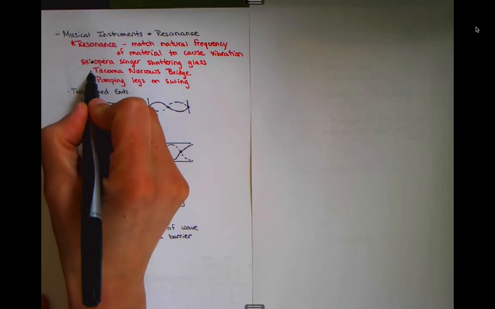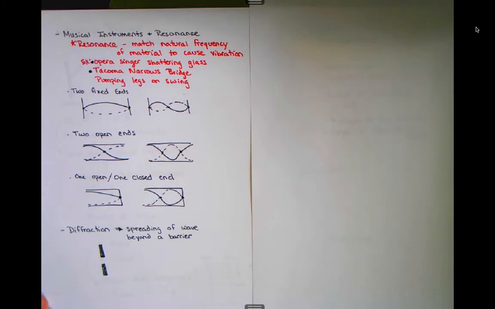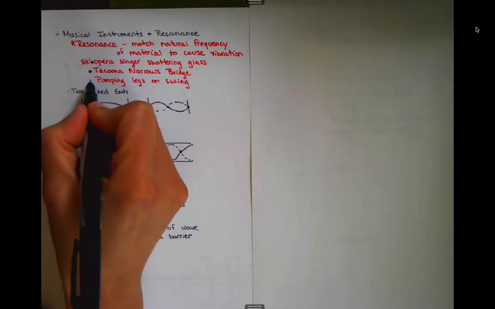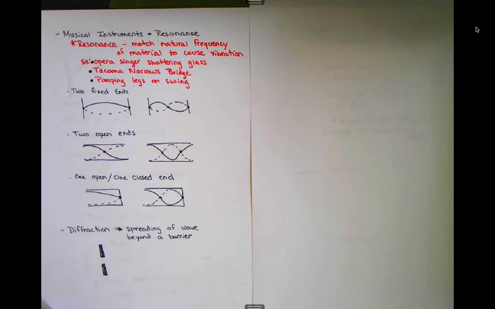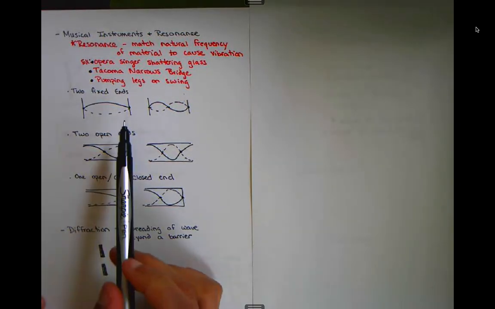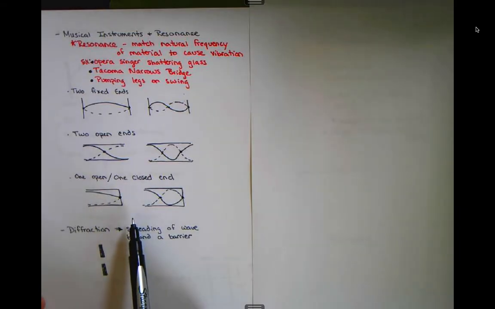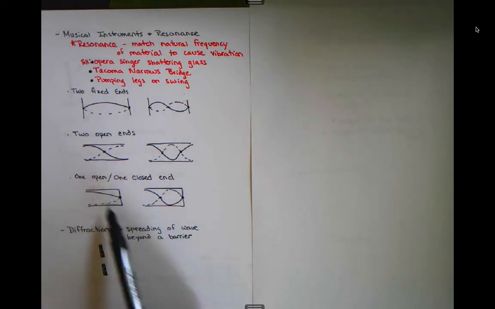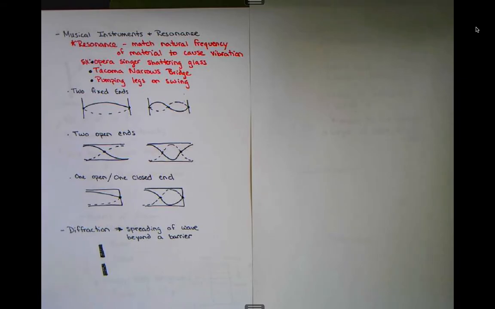The Tacoma Narrows Bridge that collapsed because the frequency of the wind matched the frequency of the bridge. Or pumping your legs on a swing, right? You match the frequency of the length of the swing. Okay. And then we have our musical instruments, right? So just something to be aware of, drawing these standing waves in your musical instruments.